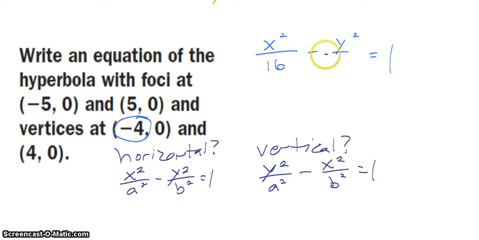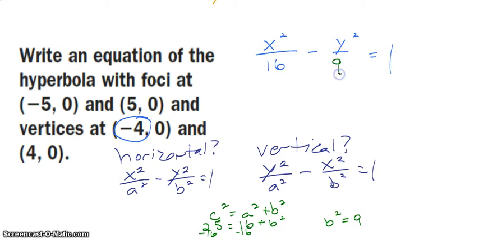In order to figure out my y squared, I've got to take that relationship of c squared equals a squared plus b squared. So c squared in this case is going to be 25. If I subtract 16 on both sides, b squared is 9. And I have my equation.